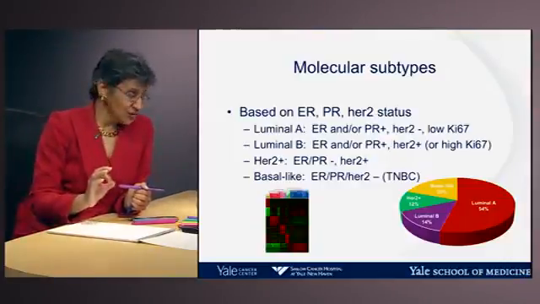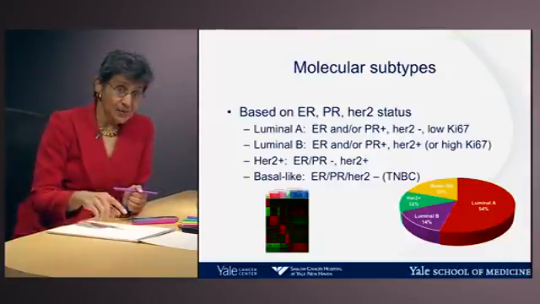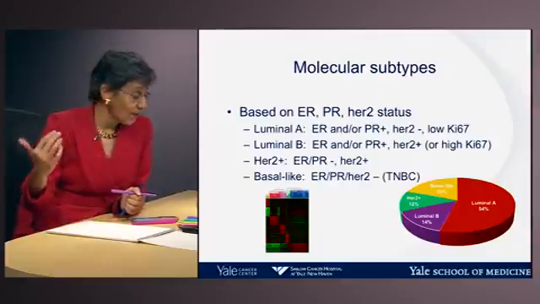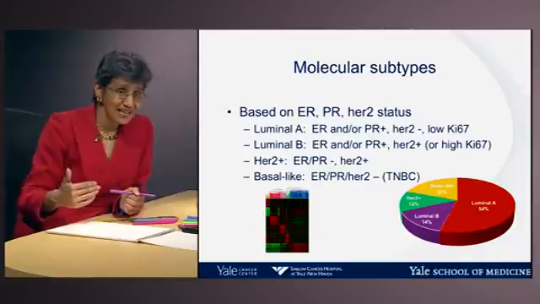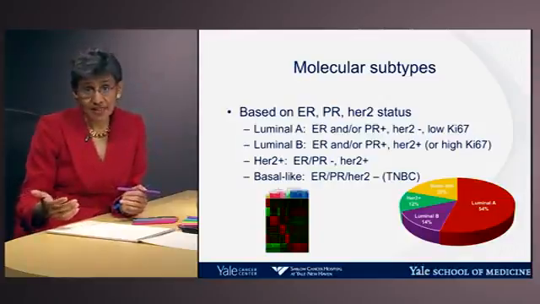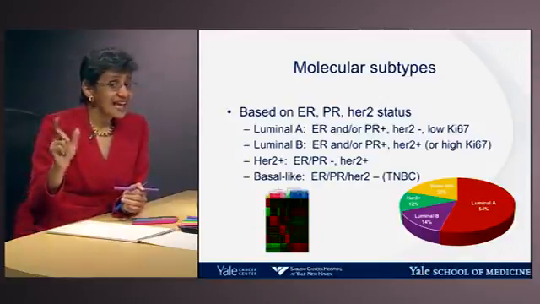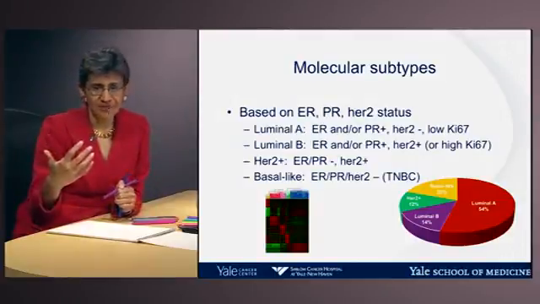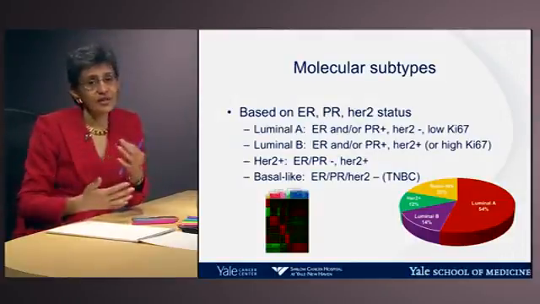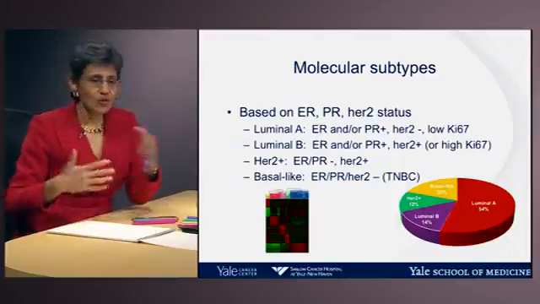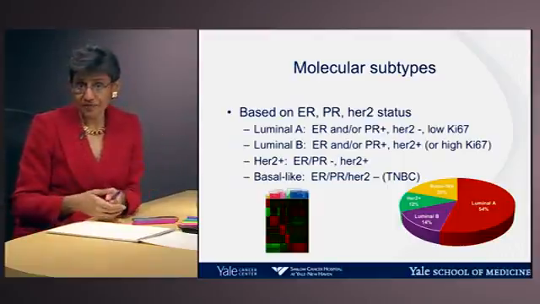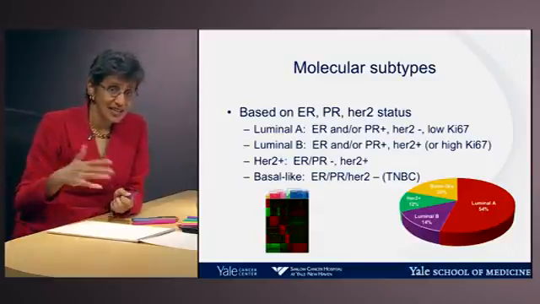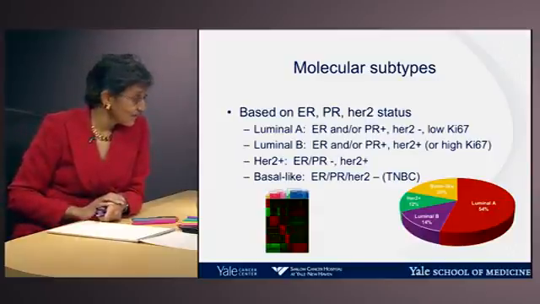Luminal A cancers are those that express ER and or PR, so they're ER or PR positive, and HER2 negative. That's the most common subtype. The Ki67 is a marker of proliferation, so these tend to be fairly well behaved. They don't have very rapid turnover. It's a good thing that this is the vast majority of cancers we see, over 50%.